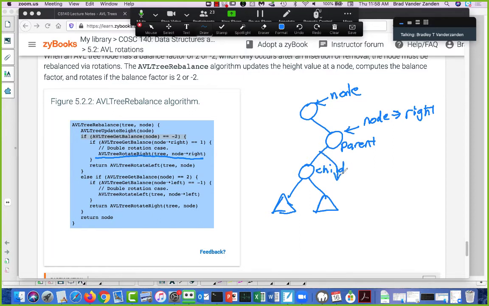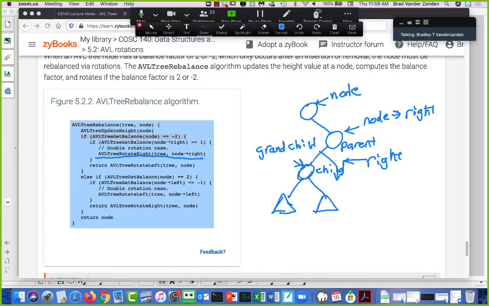Notice that it will be a right rotation. Also notice that this node right here is a grandchild of node.